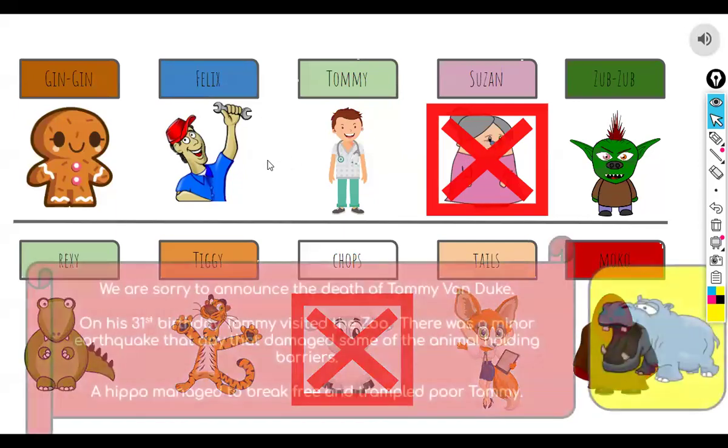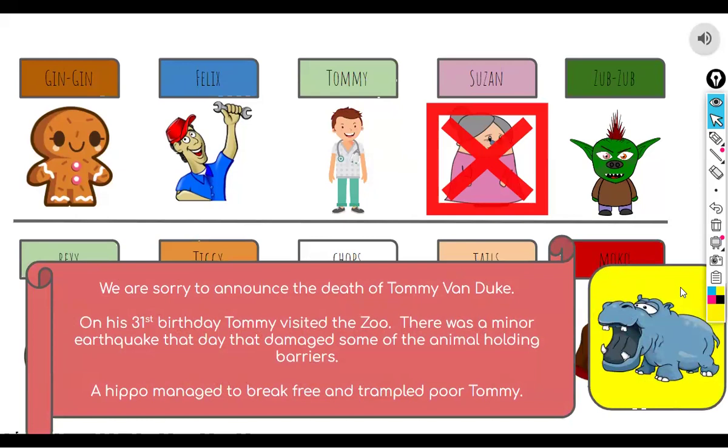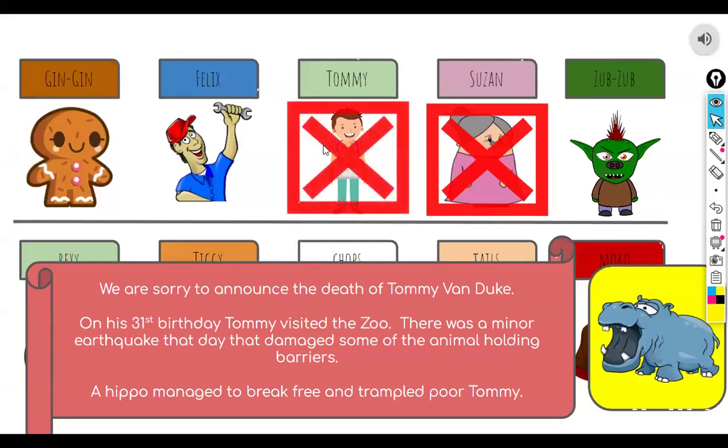Next on the list, we're sorry to announce the death of who? Oh, God, something is blocking my view here. Oh, the death of Tommy Van Duke. On his 31st birthday, he visited the zoo and apparently a hippopotamus got loose. Poor Tommy, didn't make it. So Tommy is going, guys.